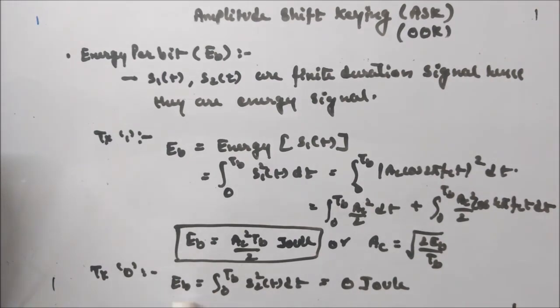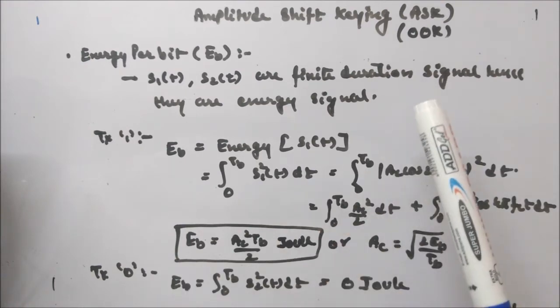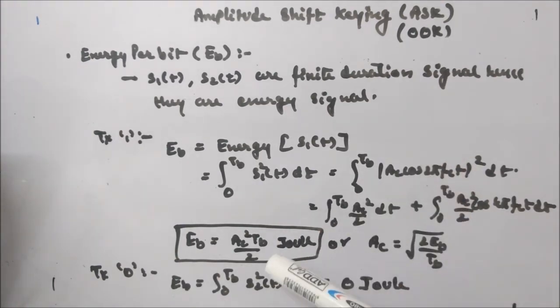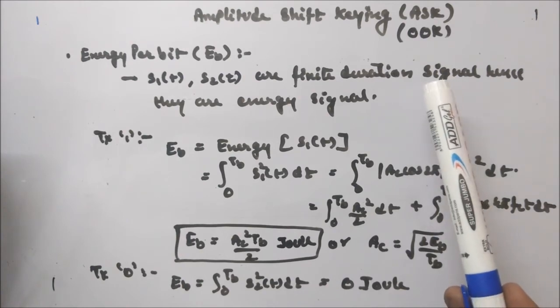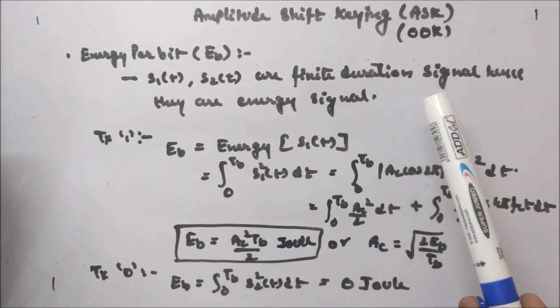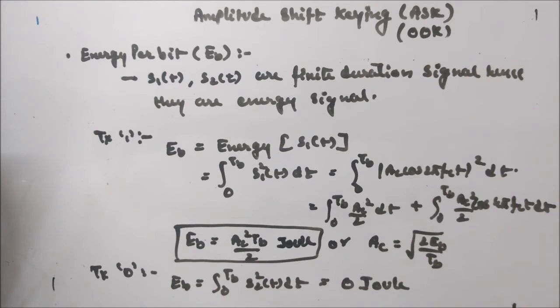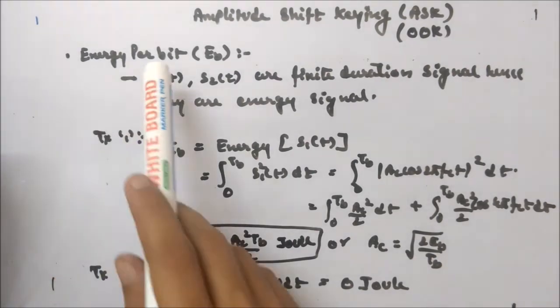If you send bit 0, since your S2(t) is 0, the energy in sending bit 0 is 0 joule. So in amplitude shift keying, especially when small n is equal to 1, that is 1 bit per symbol, your Eb is equal to Ac² TB divided by 2 for sending bit 1, and for sending bit 0 nothing is required, it is 0 joule. So that is your energy per bit.